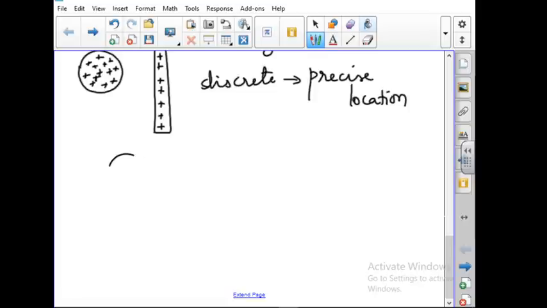So let us consider an irregular shaped object, and this is a charged object. Here we cannot find the location of the charges. Therefore, we have to divide the entire charged object into a very large number of charge elements. Like this, they are divided into charge elements.